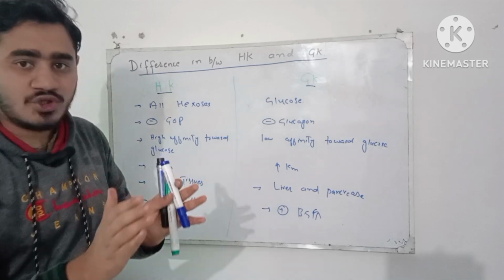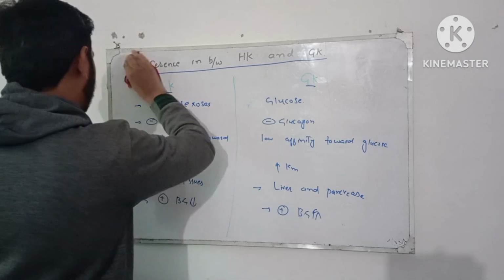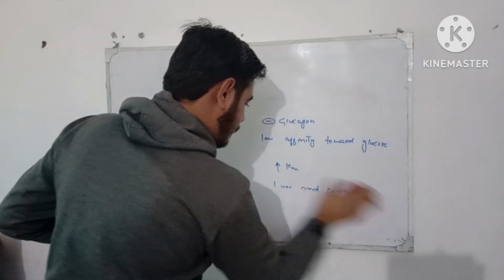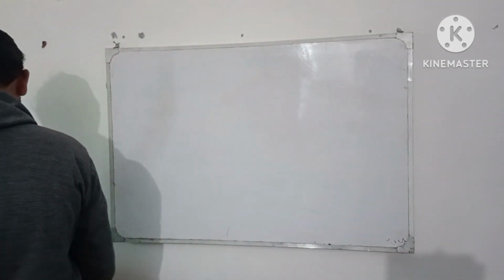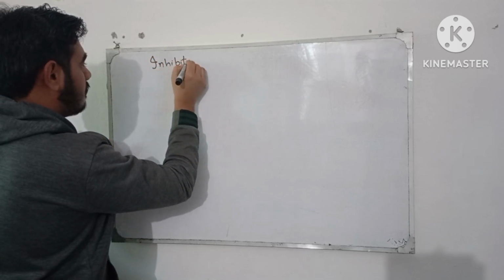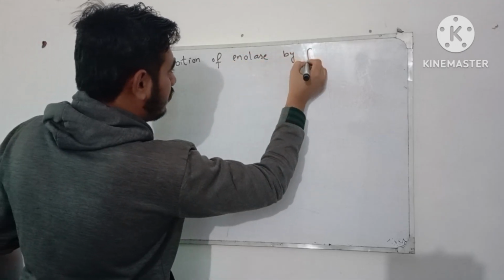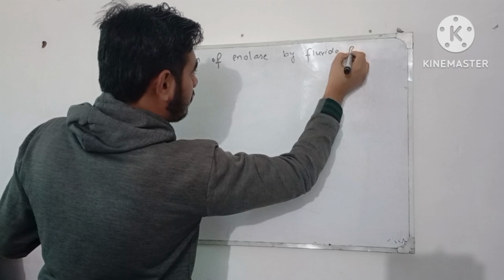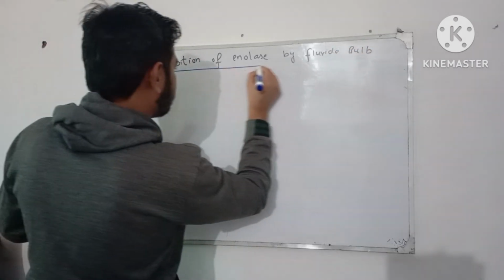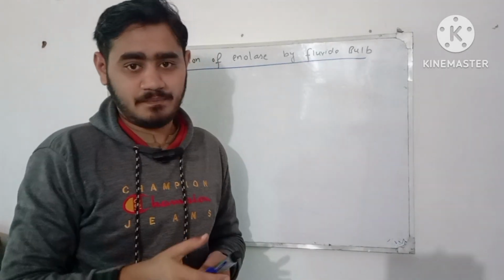So students, now coming toward the inhibition of enolase enzyme by fluoride bulb. Students, this fluoride bulb is used for the estimation of glucose in plasma.